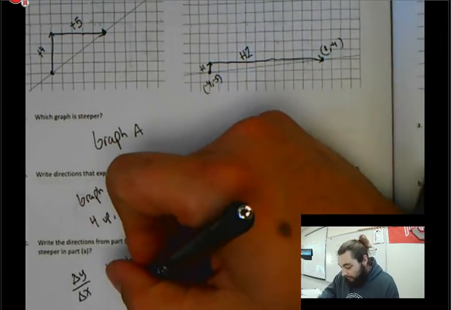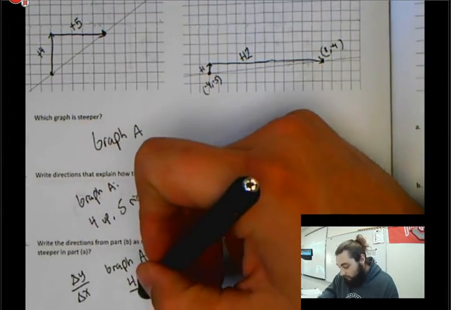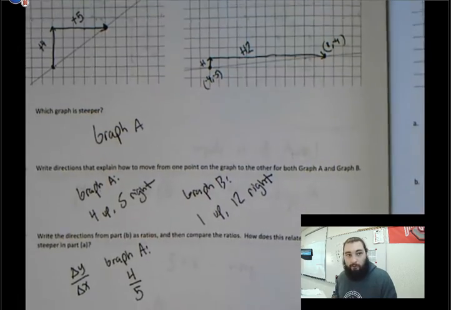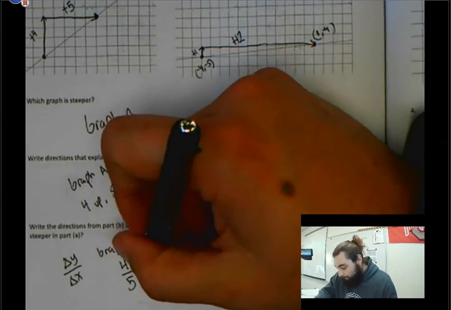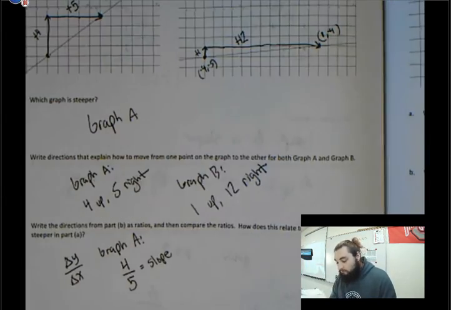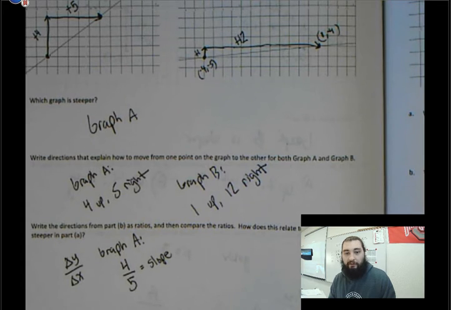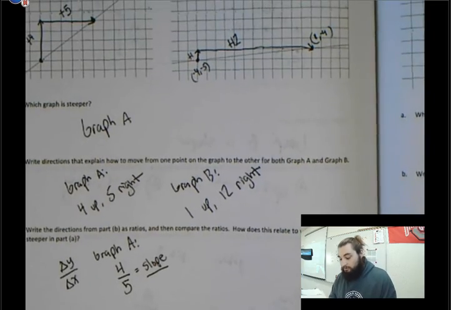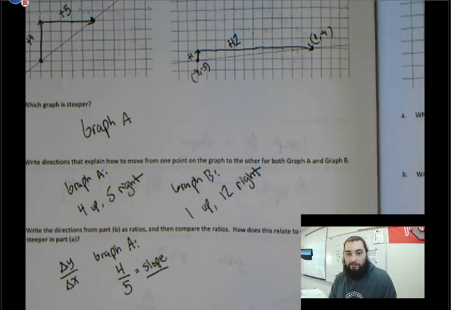And our change in x is an increase of 5. So our slope for graph A would be 4/5. That's how you find your slope. You look at your change in y and your change in x.